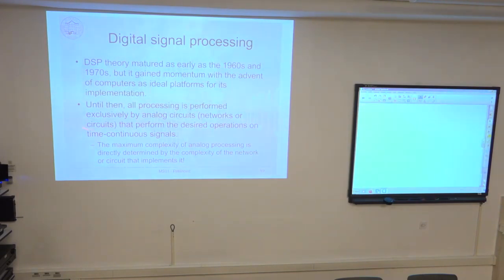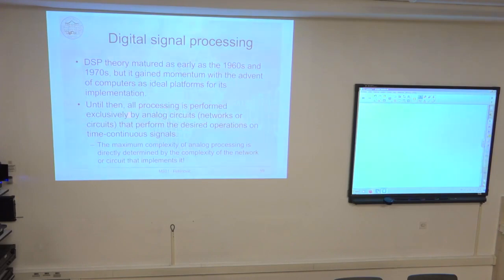At the beginning, this processing was performed exclusively by analog circuits, and digital signal processing was used only to simulate this analog circuitry, only to simulate the functional behavior, whether your analog circuitry is performing as you desire.